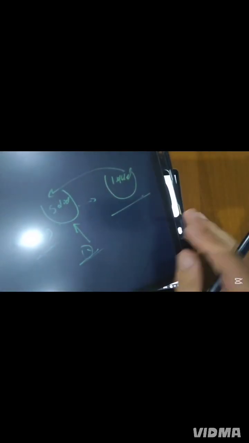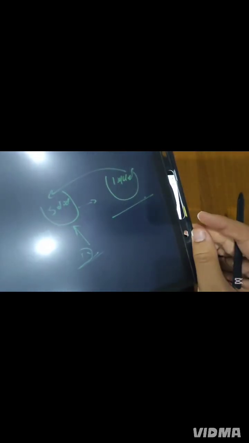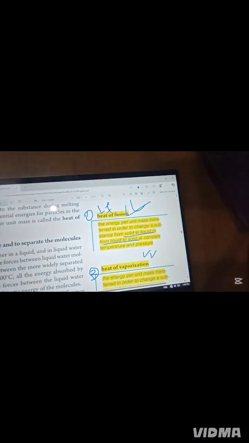Converting solid to liquid or vice versa is called latent heat of fusion. When you give heat energy to an object and its state changes from liquid to solid or solid to liquid, this is called heat of fusion.